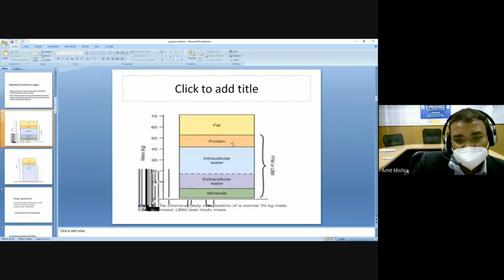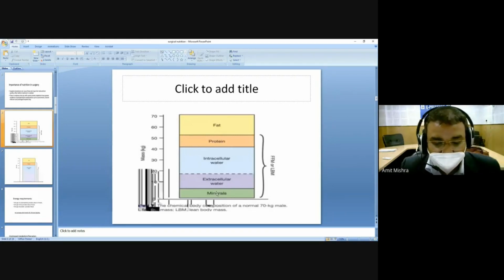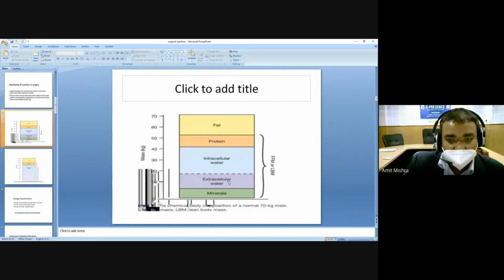So we should focus on these things. That's very important. Apart from protein, fluid and salt intake, and input and output monitoring, is very important.